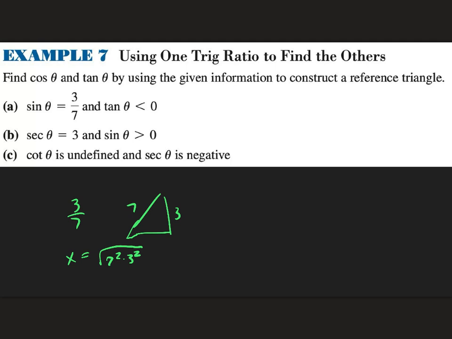All right, so 7 squared minus 3 squared equals square root of 40. All right, I'm not even going to simplify the radical.